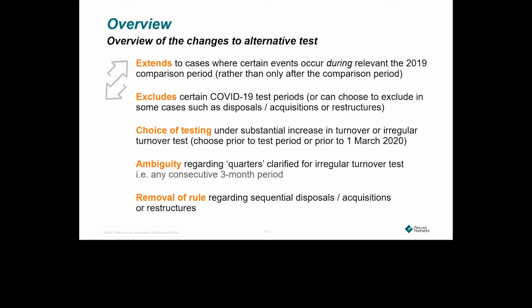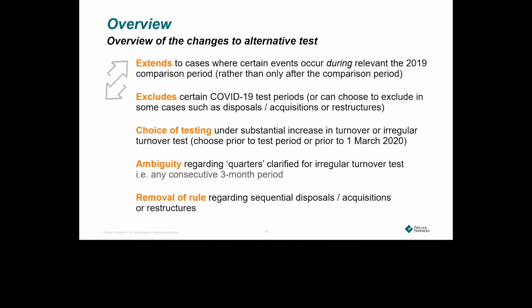I'll just jump to dot point 5, because what they've done in respect of the disposal, acquisition and restructure date is they've done 2 things there. They've said that you don't have to apply that rule during COVID, so you can choose any transaction you want and look at them independently. And they removed the sequential test where you had to look at the very last transaction that had occurred.